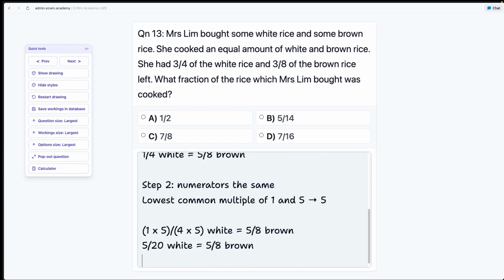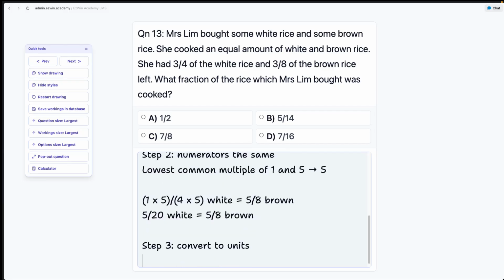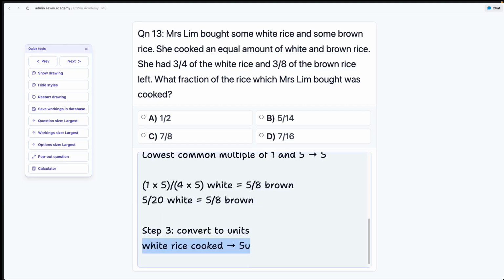So from here, we can go to step 3. So step 3 is to just convert to units. So in this case, white rice cooked is equal to 5 units. And we also know that the white rice total is the denominator.